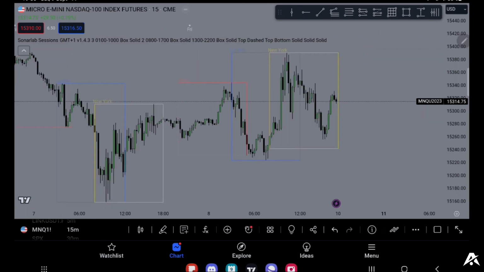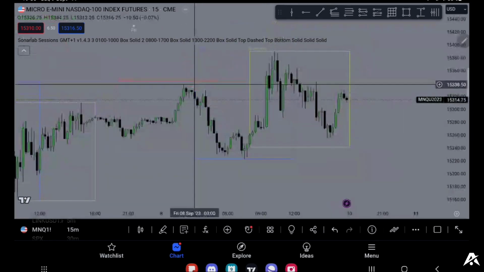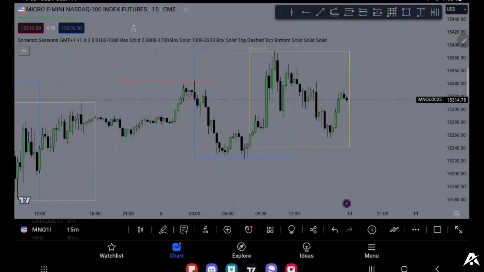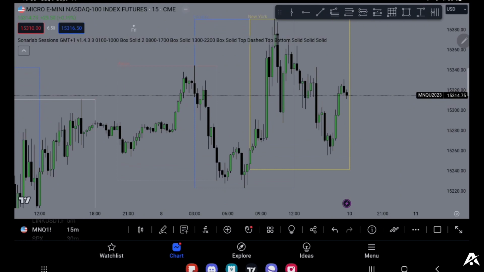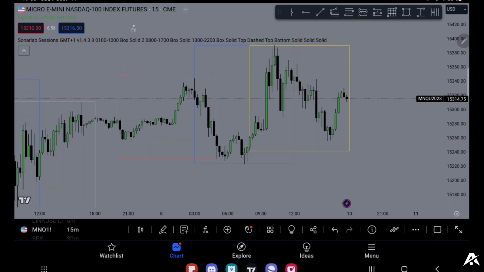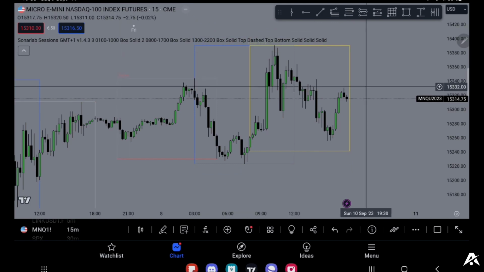Obviously, that doesn't mean that if London manipulates down every single time, New York has to go up. There are certain conditions; you have to have sound knowledge of price action. Even if this rule of thumb on any particular day is not followed, how would you know based on just price action and time, just simple knowledge of price action and time, as to what is going to happen?